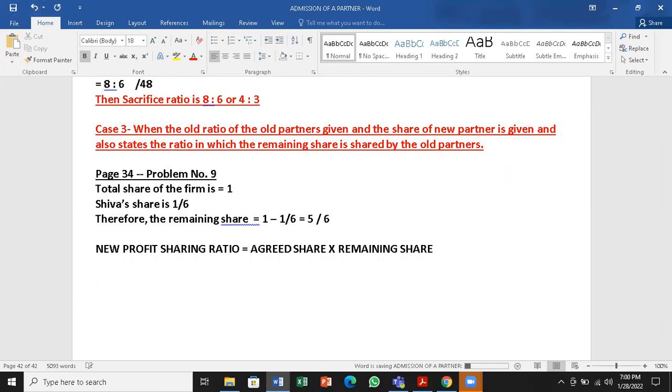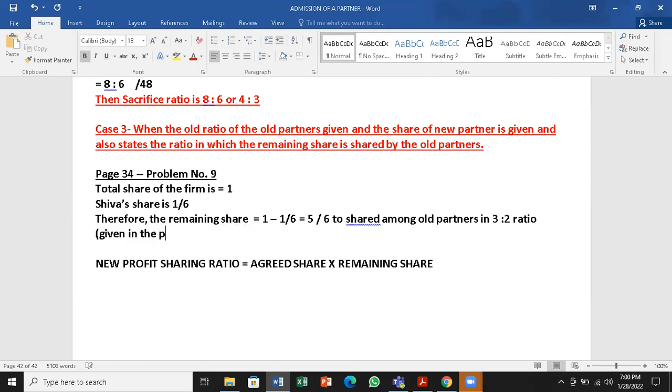The 5/6 share is to be shared among old partners in 3:2 ratio, given in the problem.